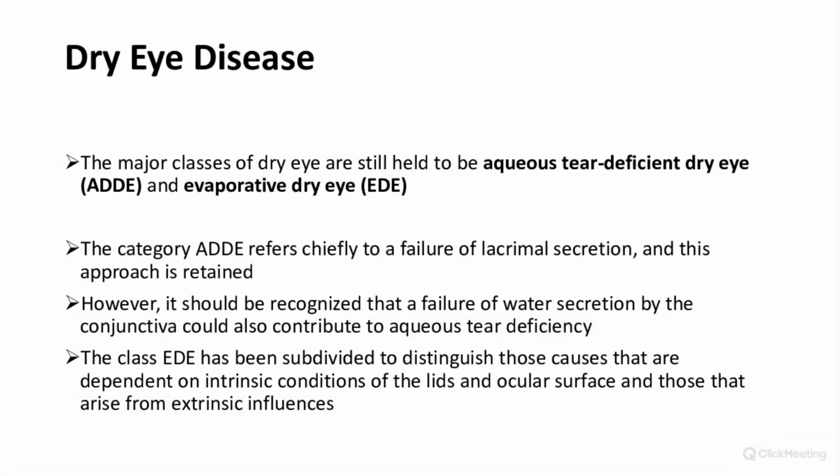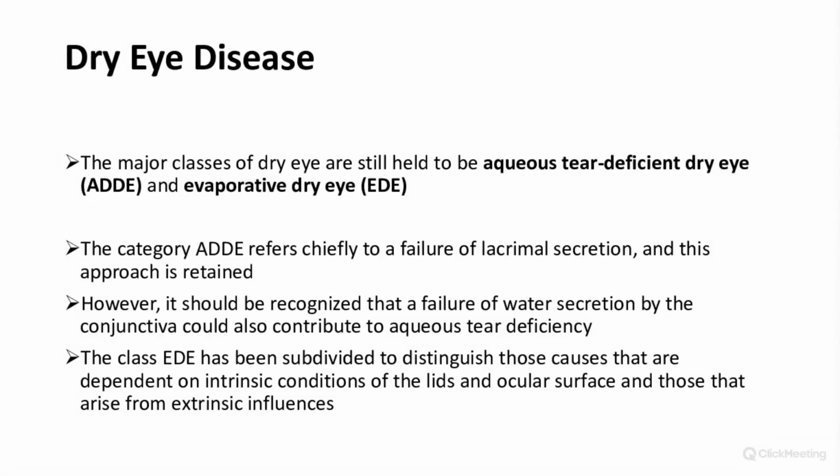ADDE is connected to failure of lacrimal secretion, but keep in mind this secretion is not only from the lacrimal gland; there are also small glands on the conjunctiva which produce lacrimal fluid. And EDE is mostly connected to some problems on the eye surface.